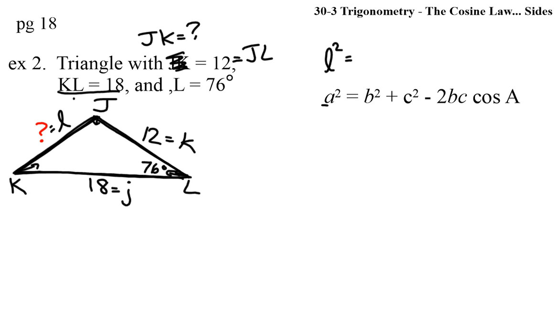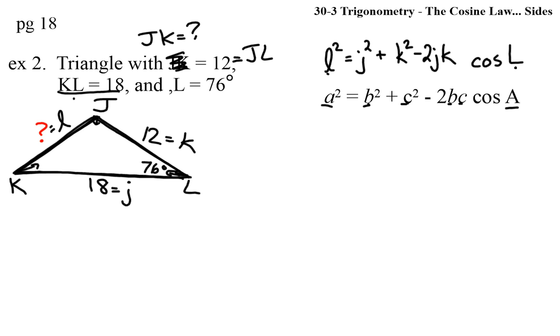Well, if I'm going to find side A, I have to use cosine A, so I'm going to have to use cosine of L. But my other sides, B and C, don't change. What are the two sides besides B and C? J and K. So I could simply change B and C to J's and K's. That's one possibility. Finding side L, so we use cosine L. B and C are the other two sides, and I could plug into that formula.